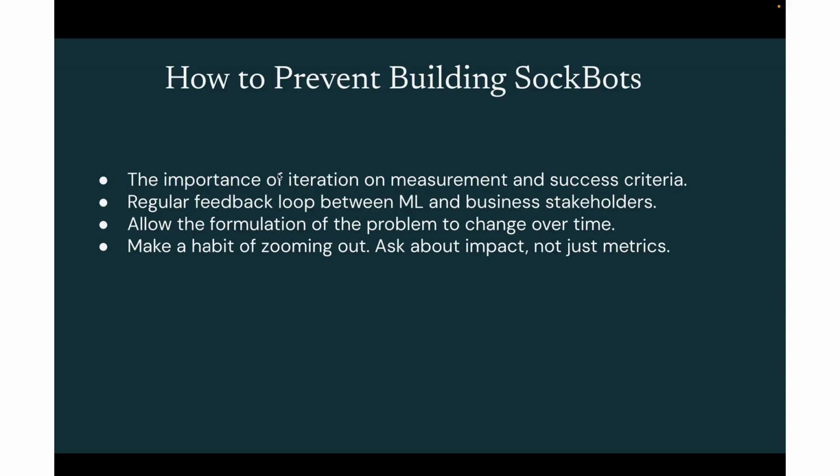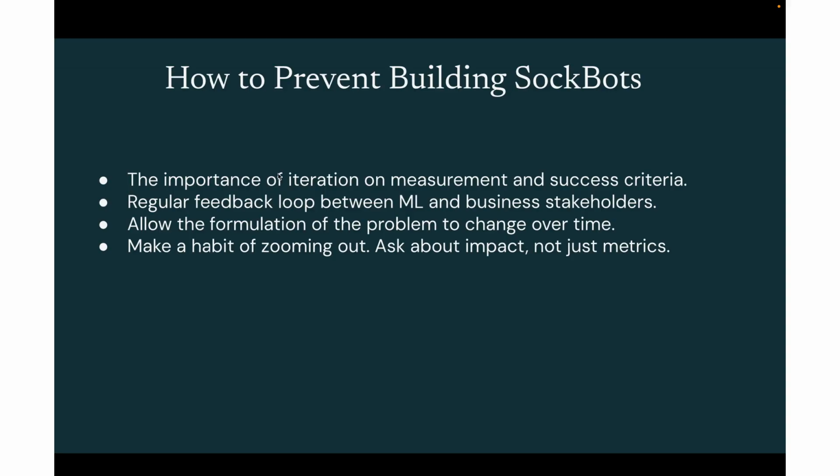And so when you're doing this, it's really important to have a frame of mind in which your formulation of the problem is permitted to change over time. You can't be wedded or committed to a specific set of success criteria and a specific definition of what you're trying to solve for a machine learning project without allowing that to evolve over time.